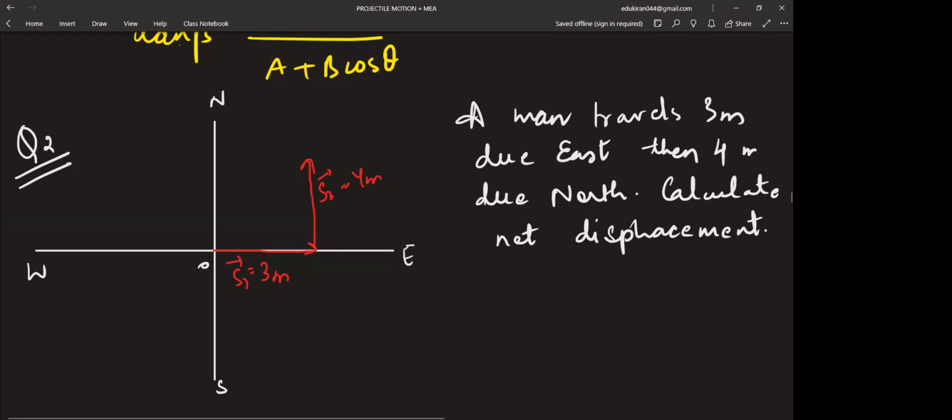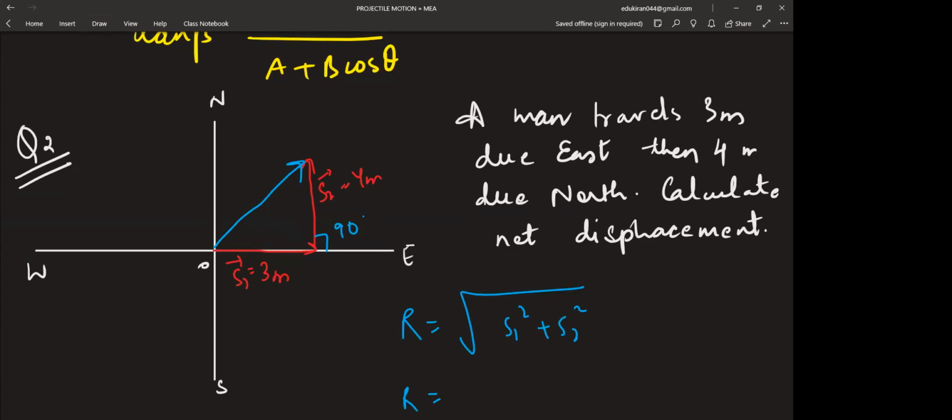See class, if you look at this question, here the resultant would be this. These are representing the adjacent sides of a triangle, and we know the angle between them, this is 90 degrees. So straight away we will write S1 square plus S2 square. So the resultant would be 4 square plus 3 square, which is equal to 5 meter.